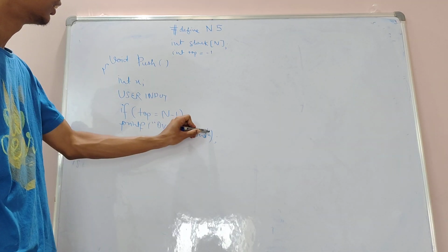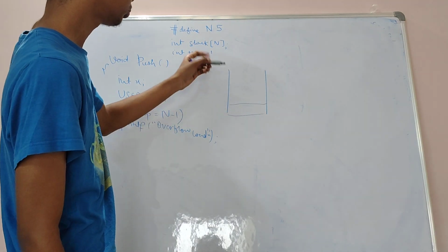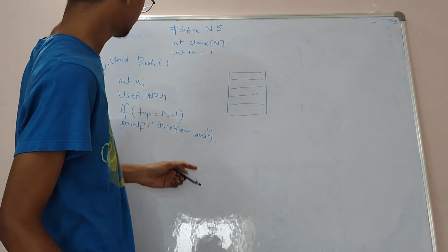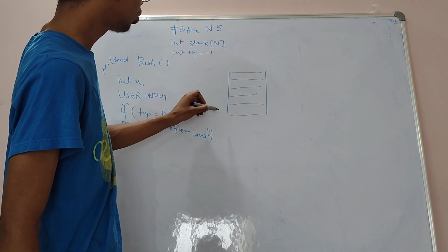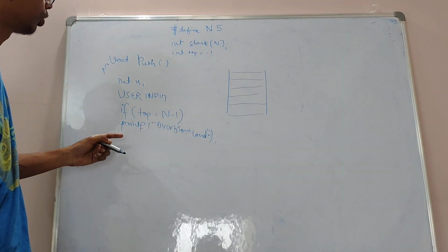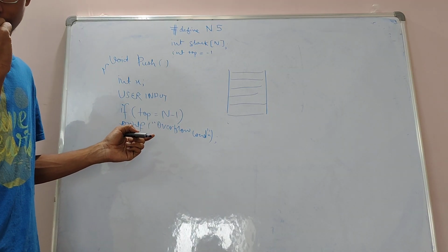It means suppose this is my stack and I can accommodate 5 values. Now top is here, but what is happening?